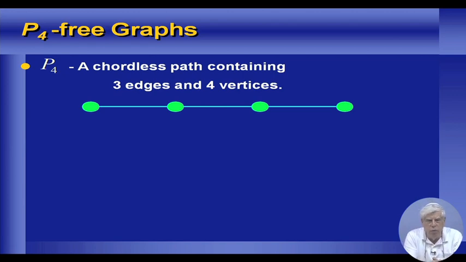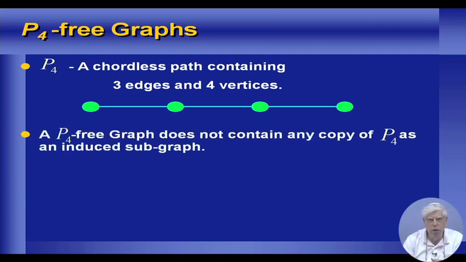Now, we all know the term about looking for graphs that have forbidden subgraphs. A P4 free graph is a graph that has no induced P4. Here's a picture of P4. It's the path with 3 edges and 4 vertices. A graph that has no induced subgraph P4 is called P4 free.